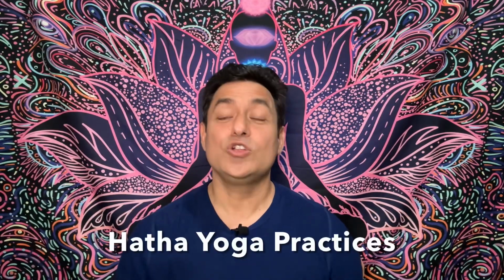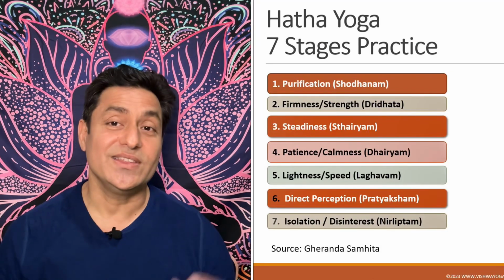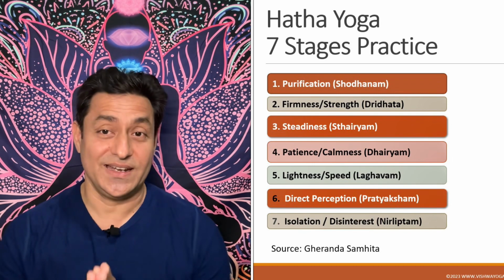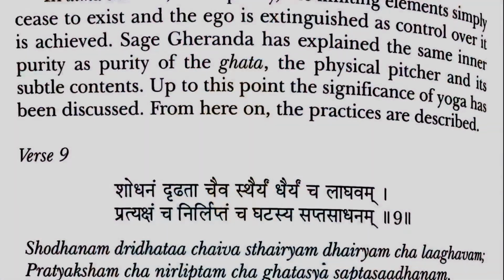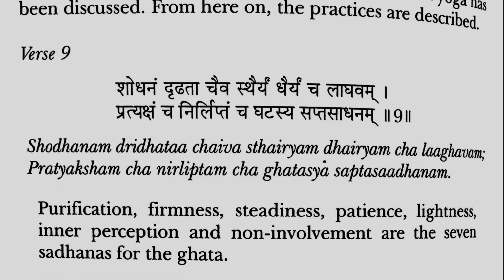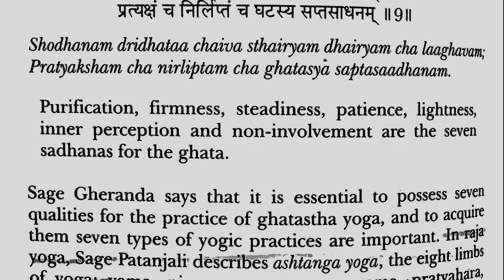Gheranda Samhita also describes 7 practices, namely purification, strengthening, steadiness, calmness, lightness, direct perception, and isolation. If you read this specific verse, I believe it's number 9, and if you read commentaries on it, you will find that each one is connecting to a specific limb of classical yoga.